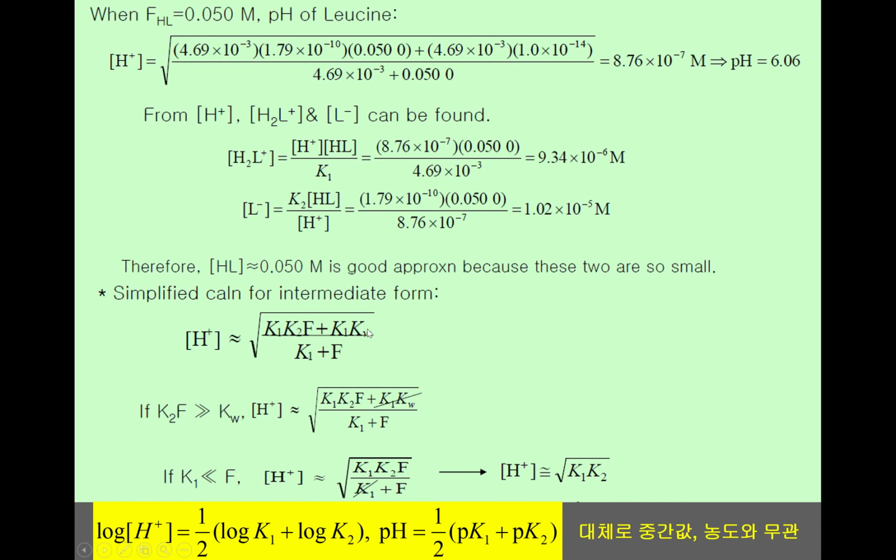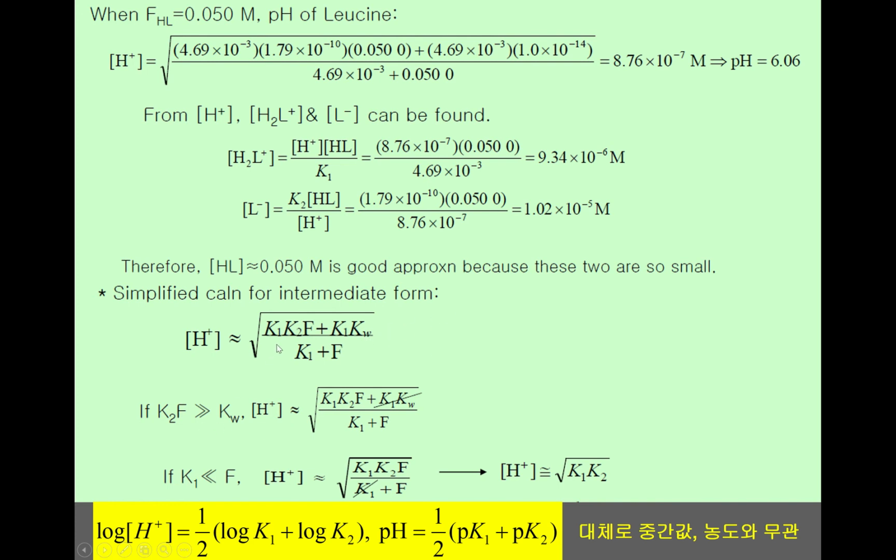Let's further simplify this equation. This is the first approximation. In many cases, look at the numerator, this Kw, which is 10 to the minus 14. It's a very, very small value.